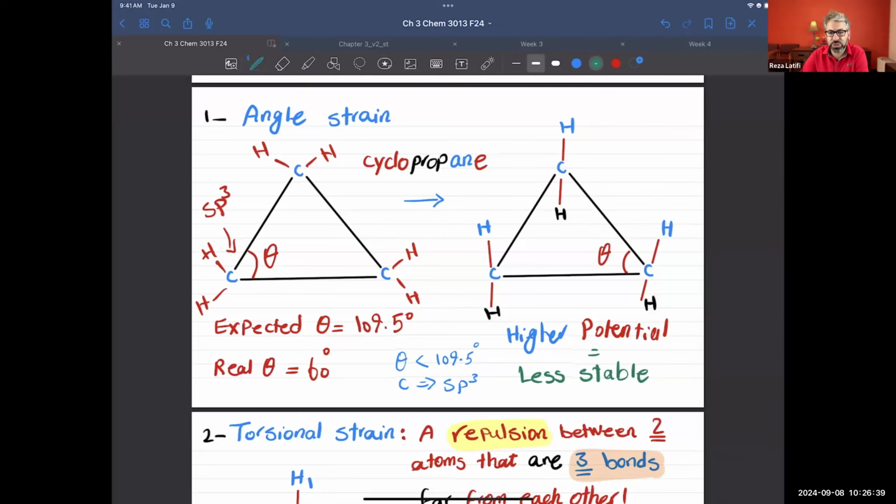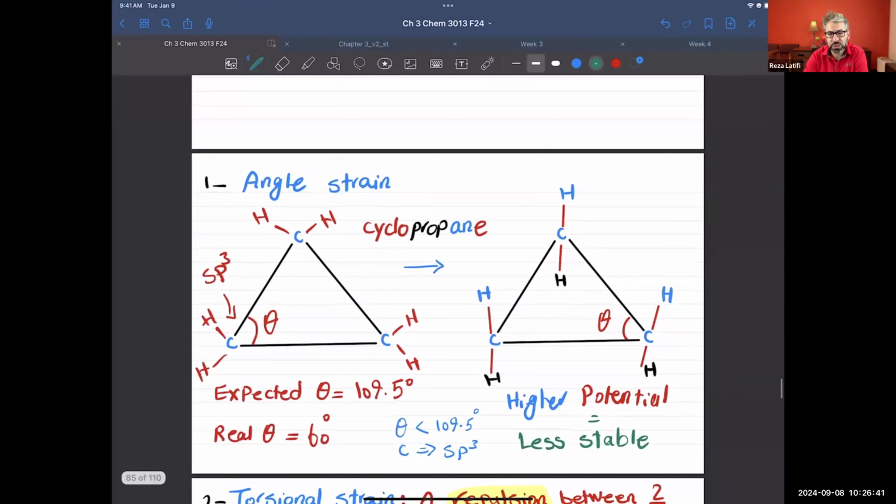And how do we get to that point? Because our theta is less than 109, while it's supposed to be 109.5, the system is going to have some stress. And that stress is going to increase the potential energy of the system. Because it has too much energy, it wants to get rid of that energy. And that's the reason I say it's less stable.